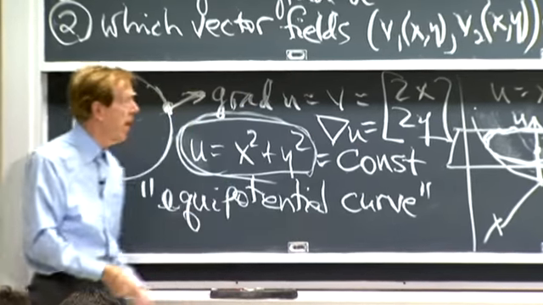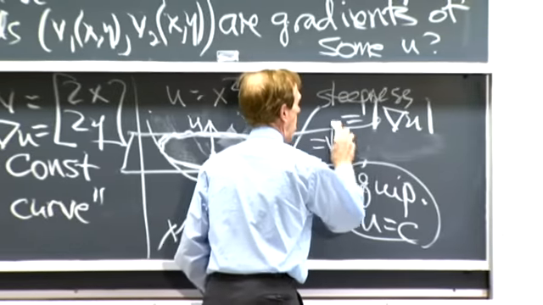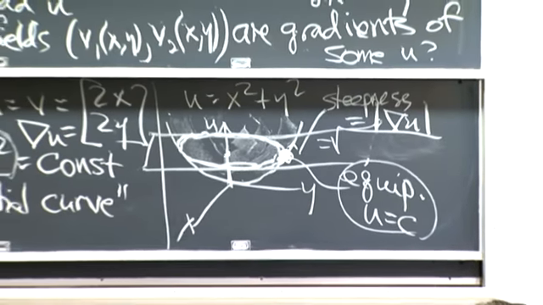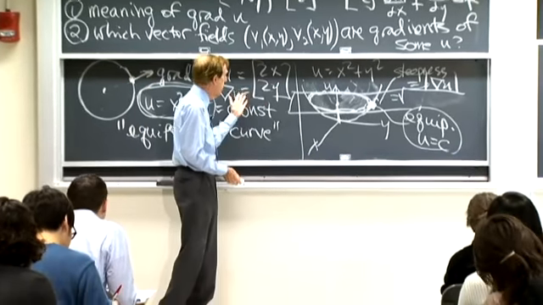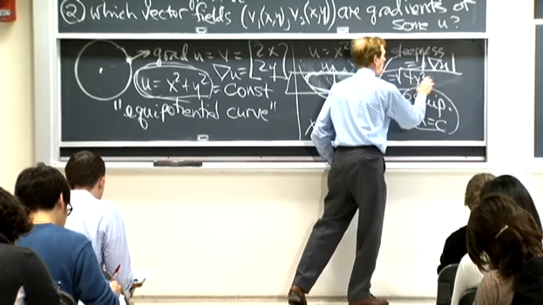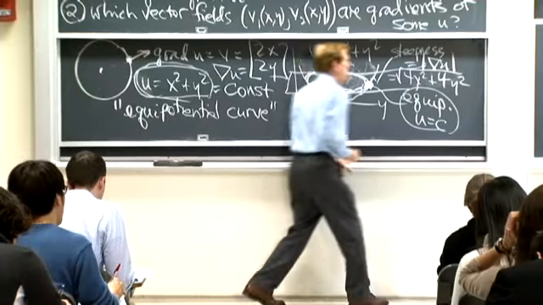The size of that vector is the square root of what? The length of a vector is the square root of the sum of the squares. So the length of v is the square root of 4x squared plus 4y squared.